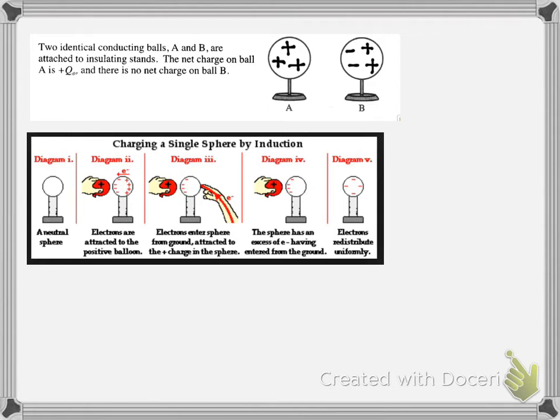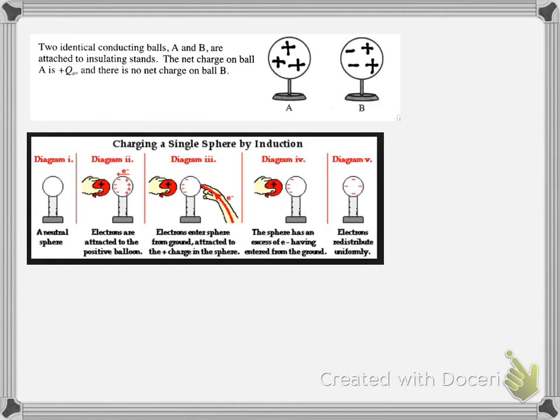Diagram 4 says now you untouch the sphere, leaving behind those extra electrons. Now take away the positively charged object, and you have now caused electrons to be permanently on that conducting sphere.